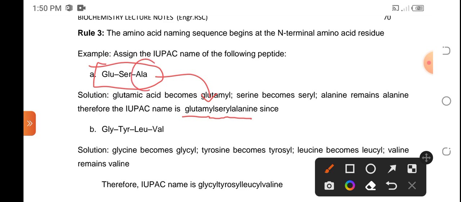The last amino acid retains its name, hindi napalitan yung pangalan niya. Yung mga naunang amino acid na change sa YL yung ending nila. Okay? And of course, this one would be as one word. So, walang spaces dyan. Okay?